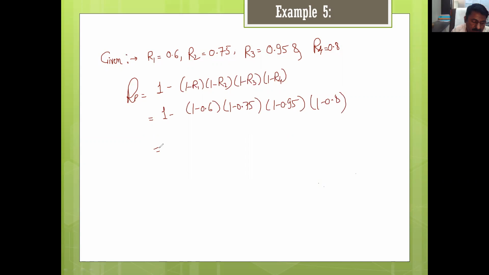If you further want to proceed, you can proceed: 1 minus 0.40 into 0.25 into 0.05 into 0.20 or 0.2. It is 0.001, so 1 minus 0.001, you will get 0.999.